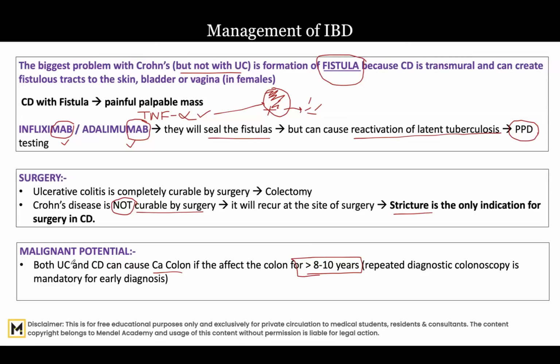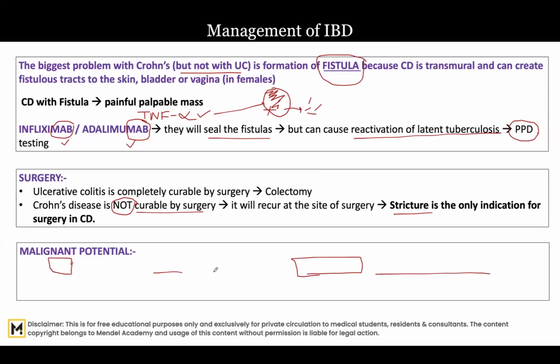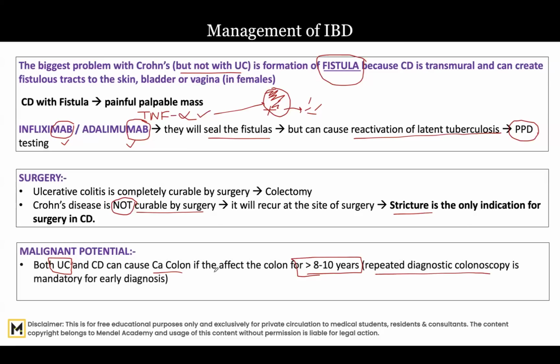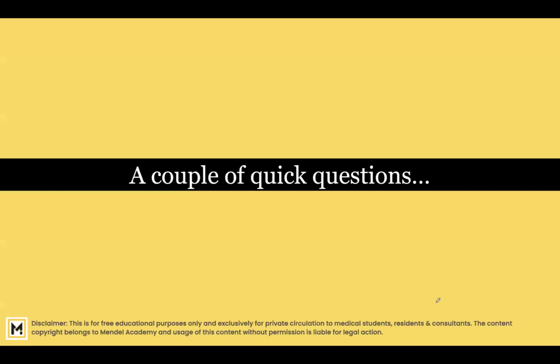Get rid of the affected segment and the patient will be fine. So what you need to do is advise repeat diagnostic colonoscopy in such patients. The same is true if there are secondary complications of ulcerative colitis or Crohn's disease. If the duration is very prolonged, then it can cause CA colon.